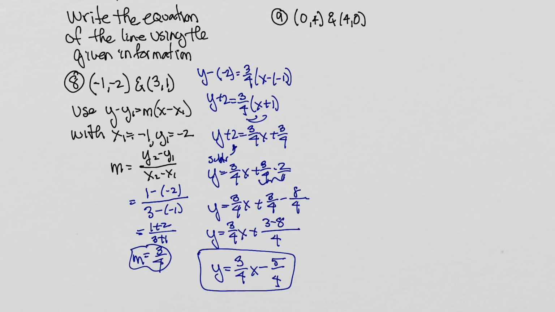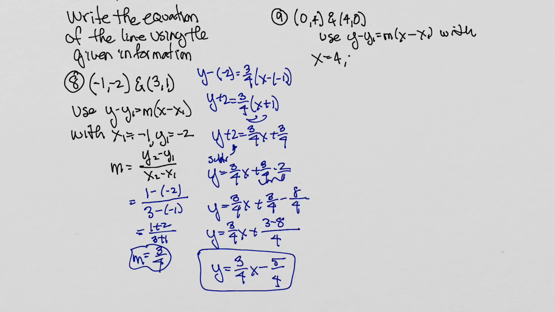But we're going to work this just like we've worked the last few problems. We have 2 points, so let's use the template for the point slope form. We're going to use y minus y1 equals m times x minus x1, and we're going to use that with x1 being 4.